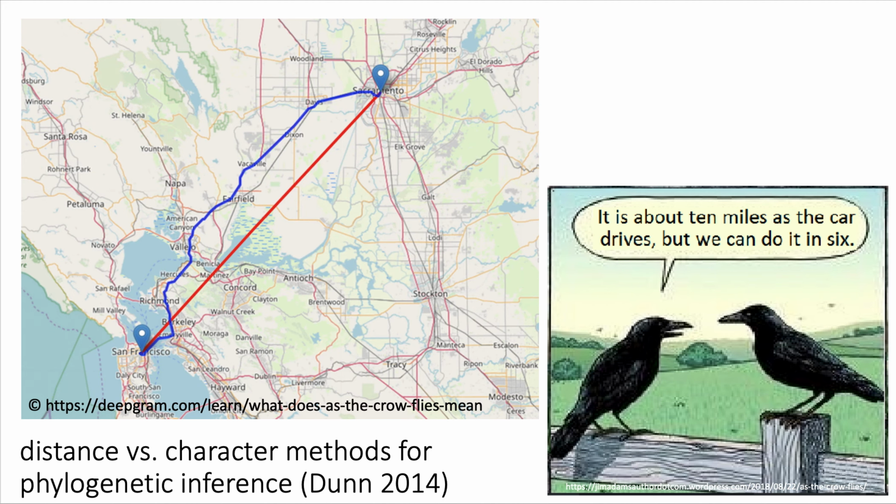The difference between 2 languages according to a distance model is always equal to or less than the difference according to a character-based model. Another way of looking at this is that the distance between 2 languages is the shortest path from one to another. A character-based model is constrained to provide an evolutionarily plausible pathway to each language from their inferred common ancestor.